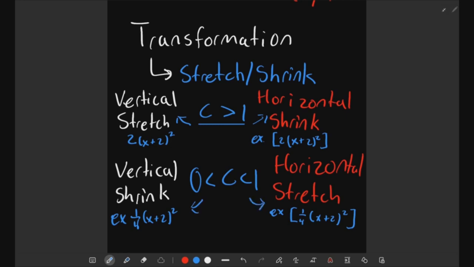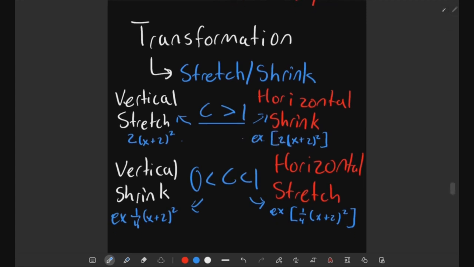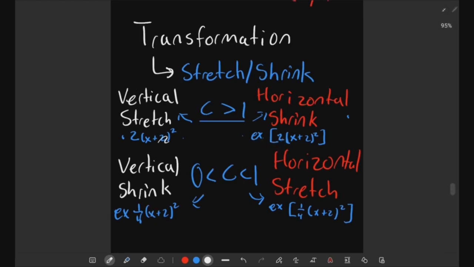Now, how do we determine which one of the two it is? Well, the number is either going to be directly affecting the x or it's going to be affecting the y value. To determine this, I did some examples.